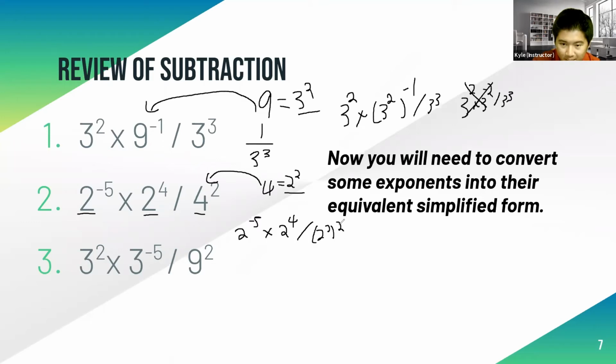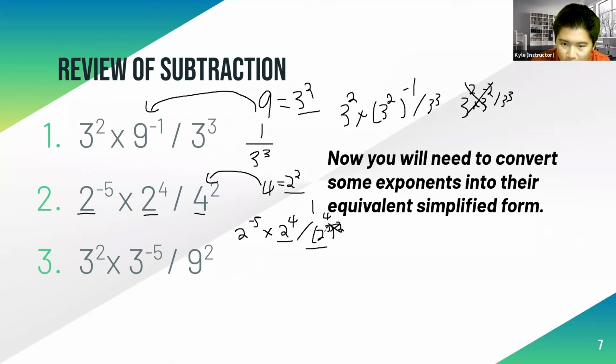So now, once again, through the power of exponential multiplication, I know that this is now 4. And then we have 2 to the negative 5 times 2 to the power 4 divided by 2 to the power 4. And I know that the same base divided by the same thing is just 1.